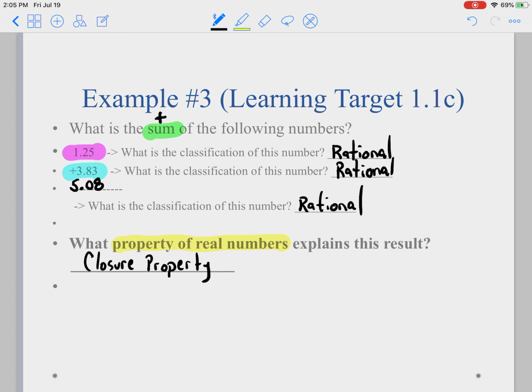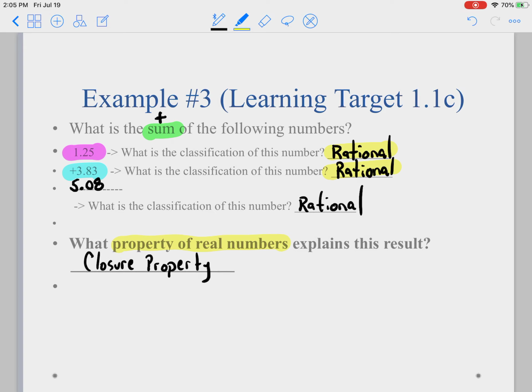In this case, the same set that was being added was a set of rational numbers. And then the closure property states the result, and we said another way that we represent result is with the equal sign, the result equals a number contained in the same set.